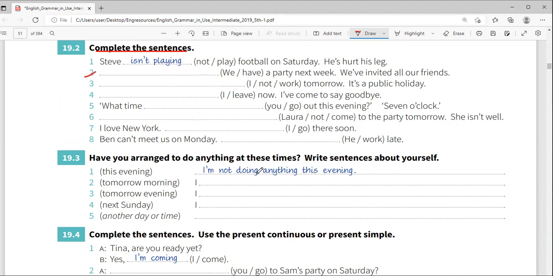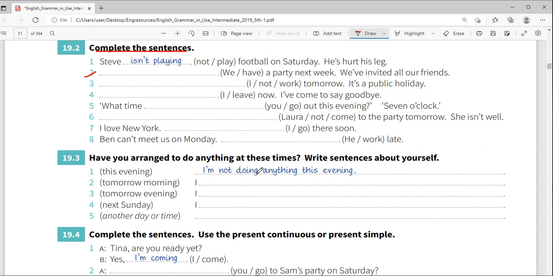Shamsi, next. About next week, we invite you, our friend. Yes, we are having a party next week. We say party.